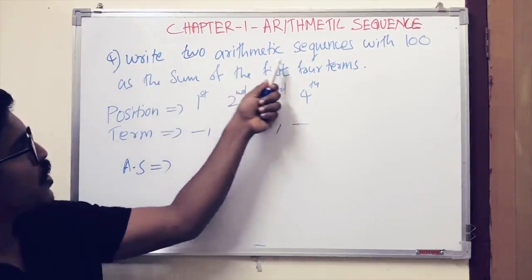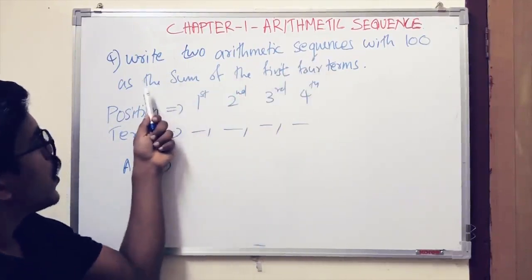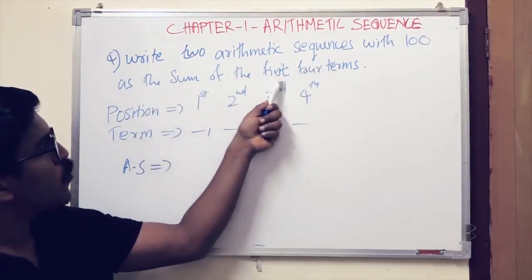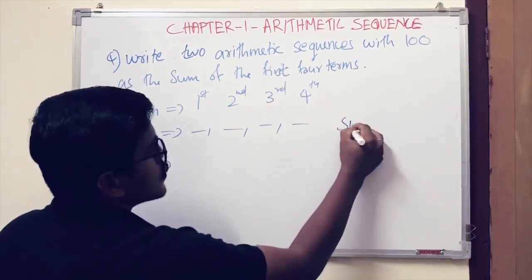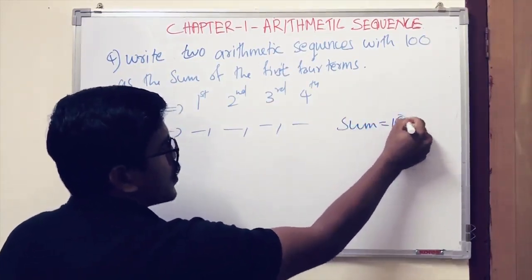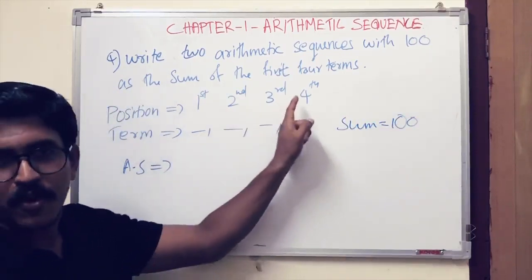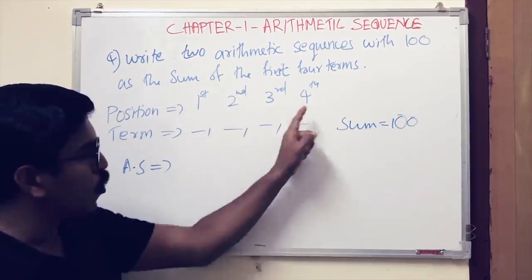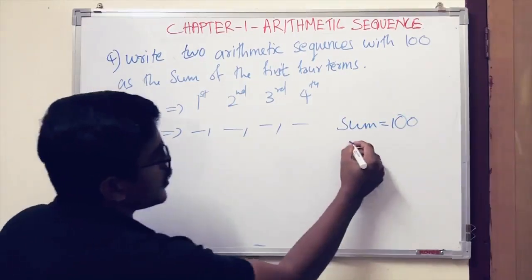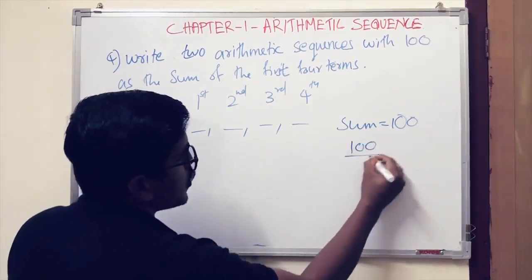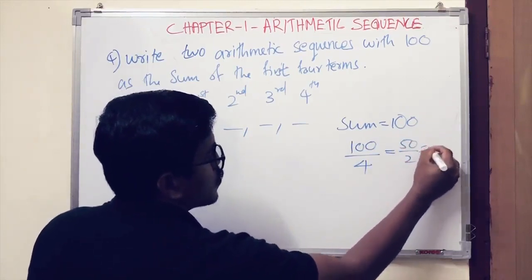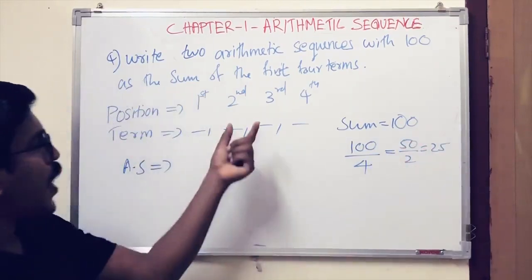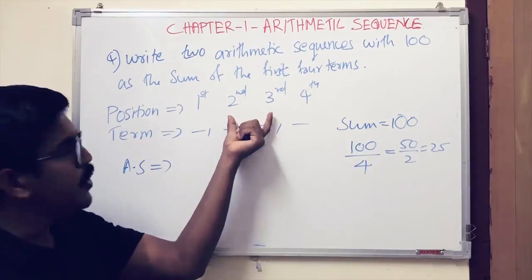Let us consider another example here. Write 2 arithmetic sequences with 100 as the sum of the first 4 terms. Here the given sum is equal to 100 and an even number of terms is given, that is 4. So we already studied that total sum divided by number of terms is equal to the average of the middle 2 terms.